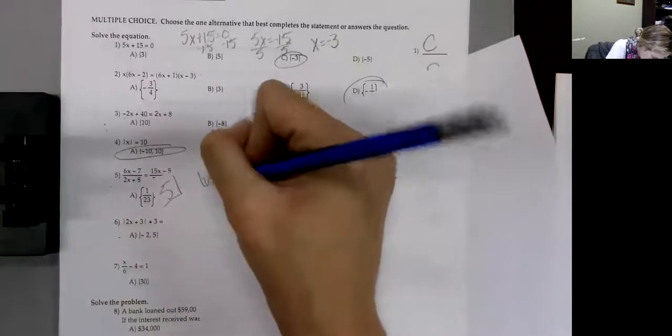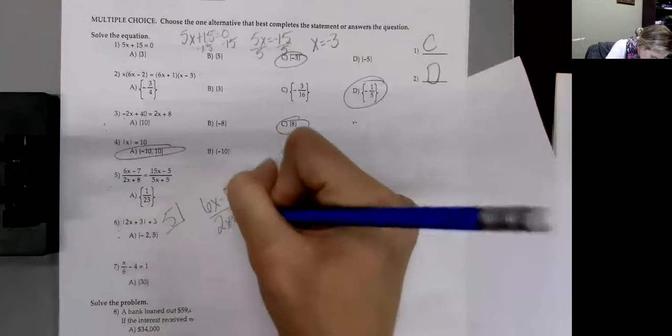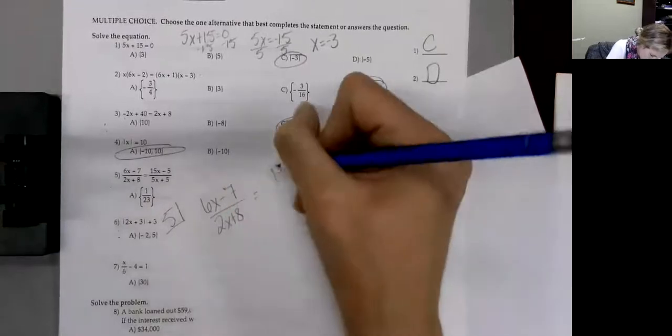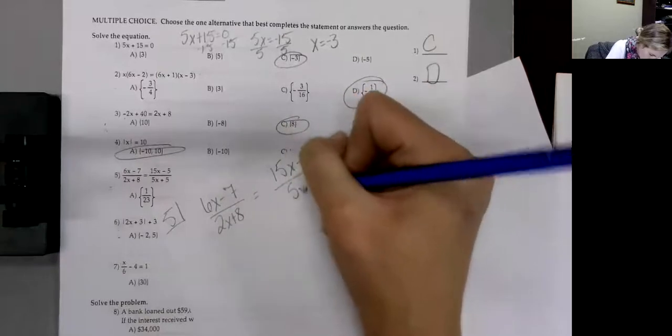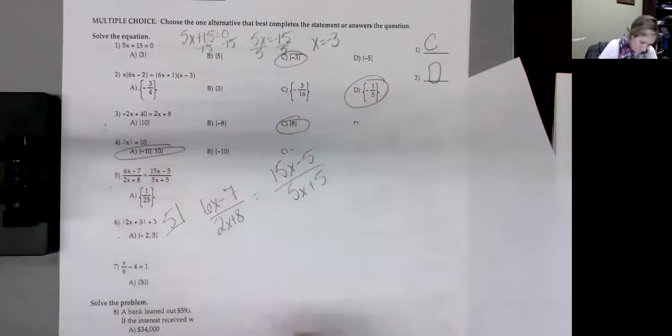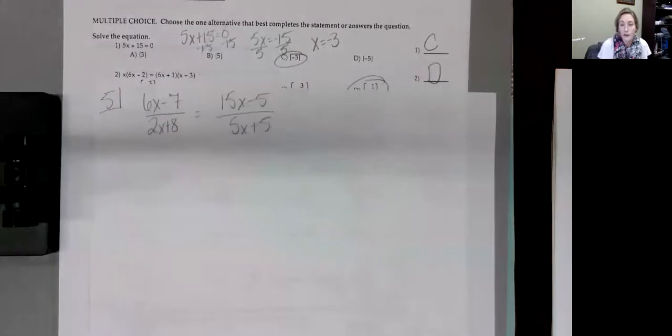So we have (6x subtract 7) over (2x plus 8) equals (15x subtract 5) over (5x plus 5). So the way I'm going to go about this is going to be cross multiplication.